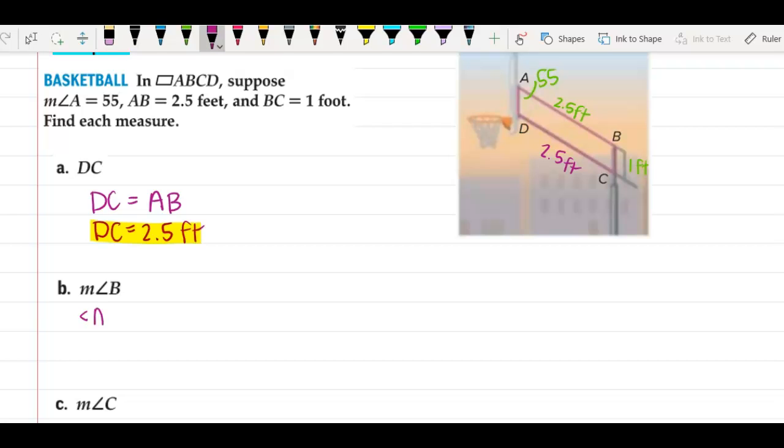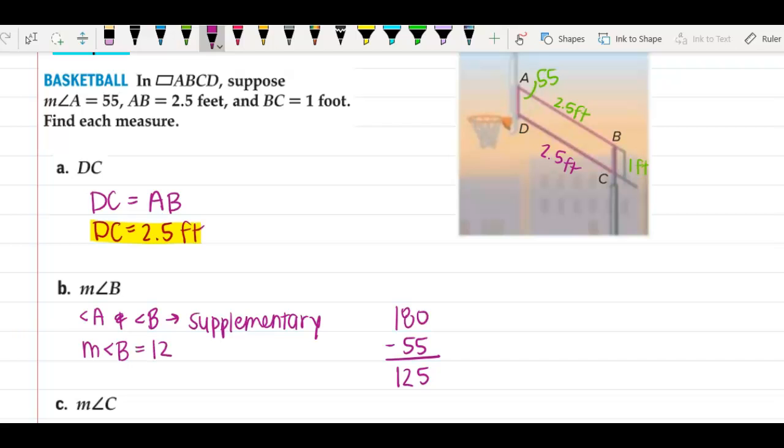So angle A and angle B are supplementary to each other, which means that they should add to 180 degrees. So if we take 180 and subtract away the 55 we've already used, we would get 125. So the measure of angle B is 125, and then I can label that.